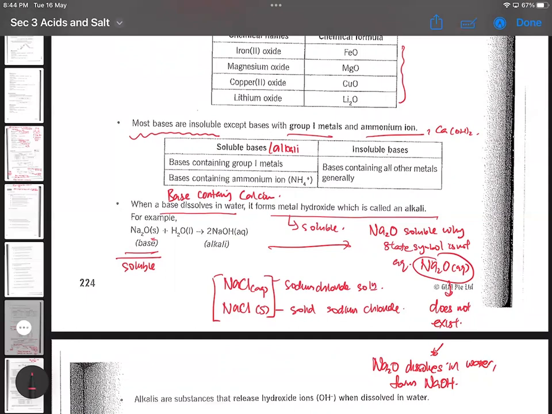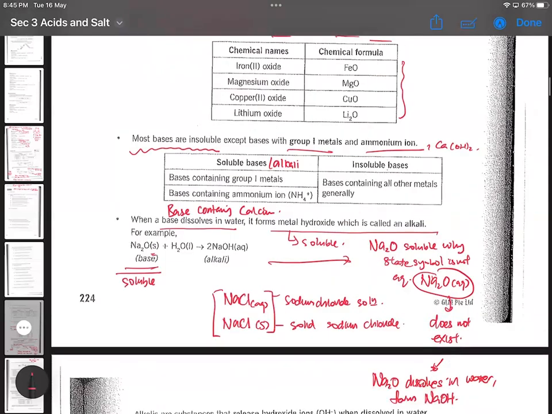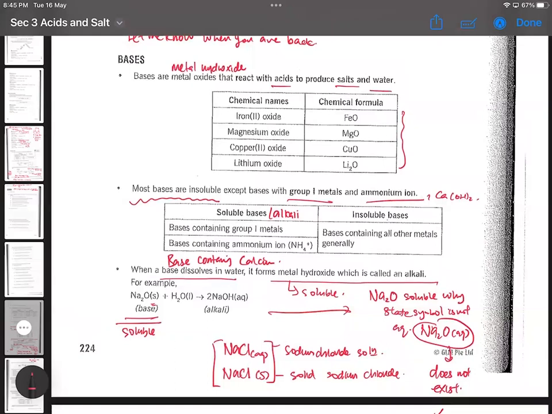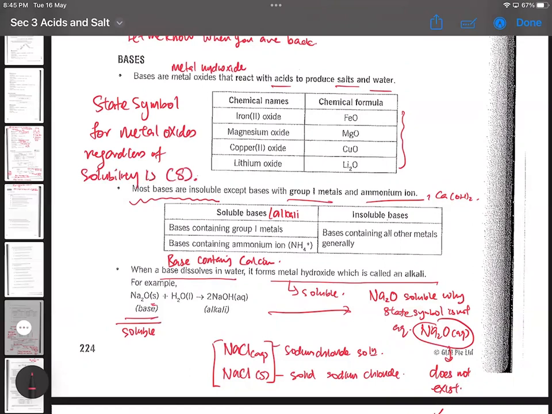Now, if this feels confusing for you, then all I want you to remember is this. The state symbol for metal oxides, regardless of solubility, is solid. Always.